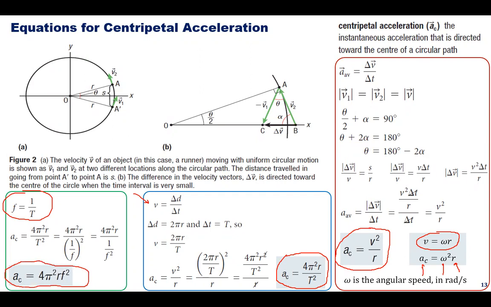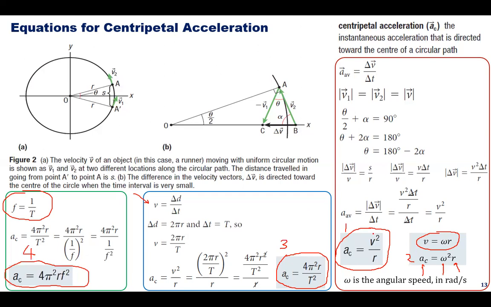Okay, so the SI unit for the frequency is hertz, which is abbreviated as Hz, or cycles per second. So you need to be careful. There are 4 formulas we can use to calculate the centripetal acceleration for a uniform circular motion, okay? First one is here. Second one is here. Third one, and the fourth one.